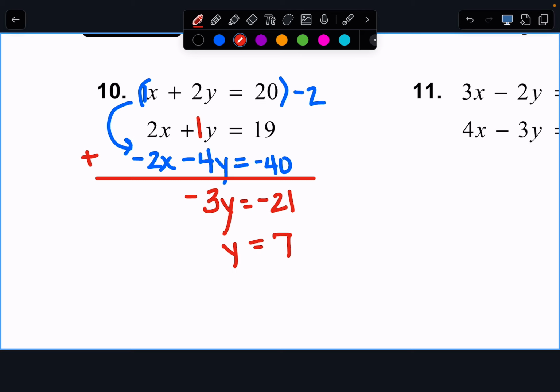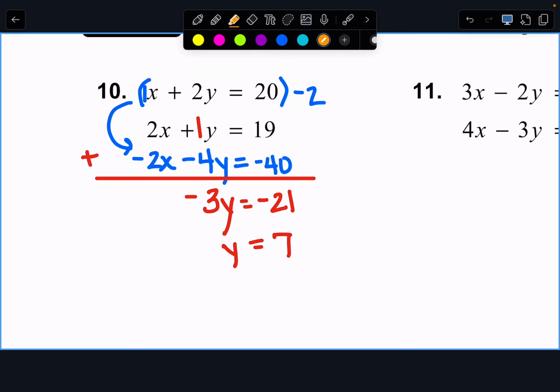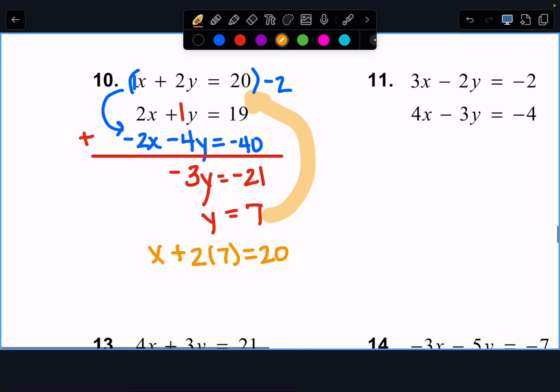Now, let's go back to one of the originals. Which original problem would you like to substitute back into? Okay, I'm going to go with the first one. So 1x plus 2y equals 20. Does that mean x is 6?